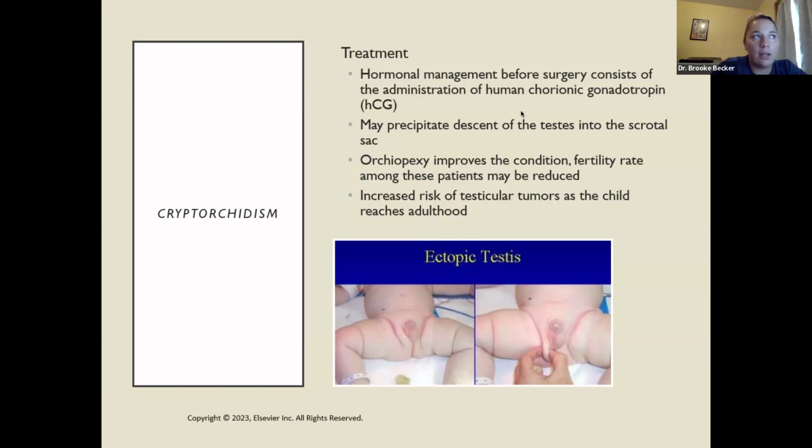They also will give kids HCG, or human chorionic gonadotropin, to try to get that testicle to descend hormonally. Sometimes that will make a difference, but usually kids have to have surgical management of this.